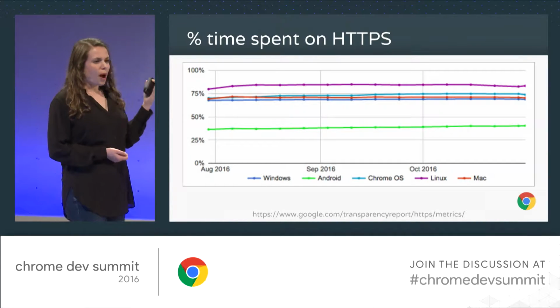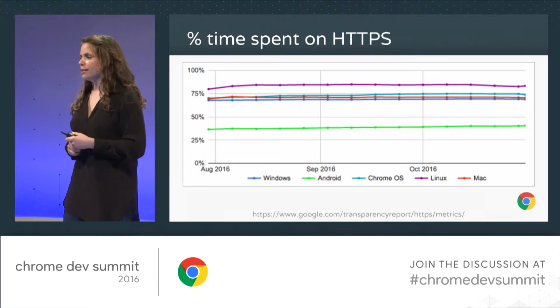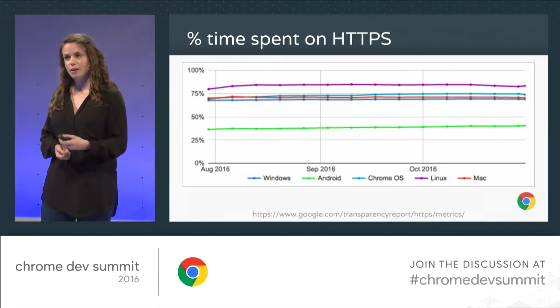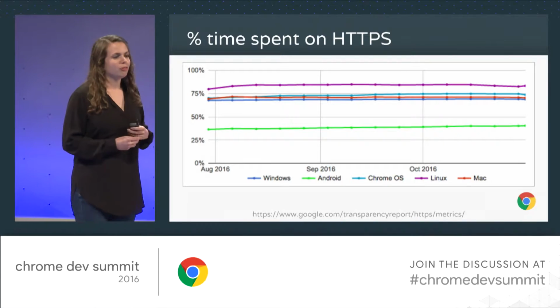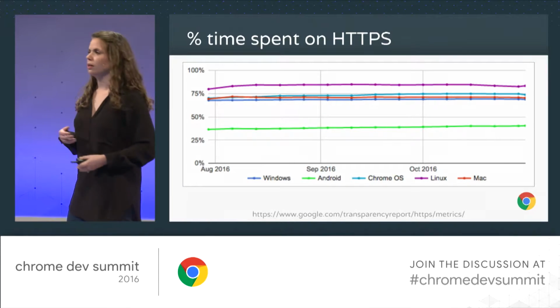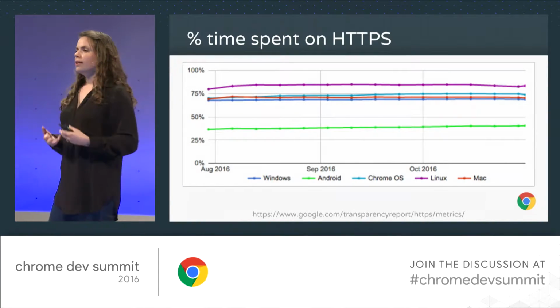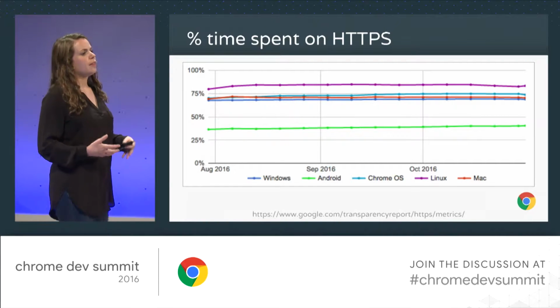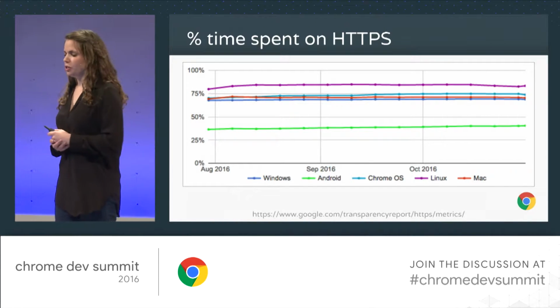We don't necessarily know why this is for sure, but one way you can think of it is that users probably spend more time on sites like Gmail or Facebook or your super engaging progressive web apps than they do when they're just Googling around for some information, clicking a link, navigating away. So we think that users spend most of their browsing time on sort of heavy-duty apps that, for the most part, are top sites using HTTPS.